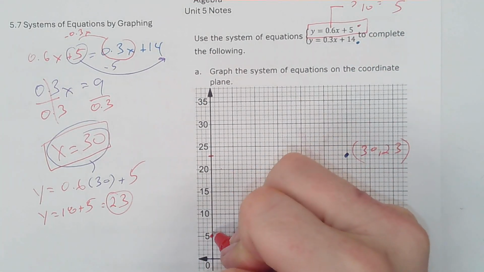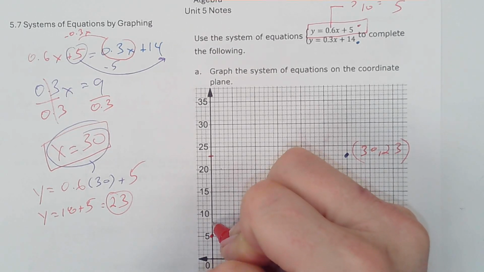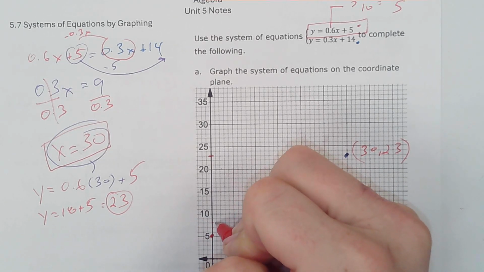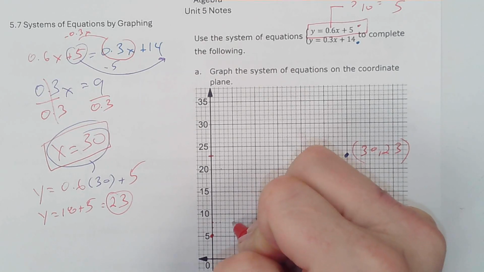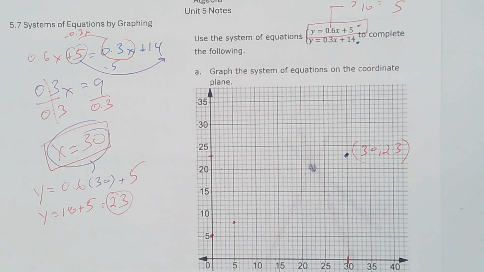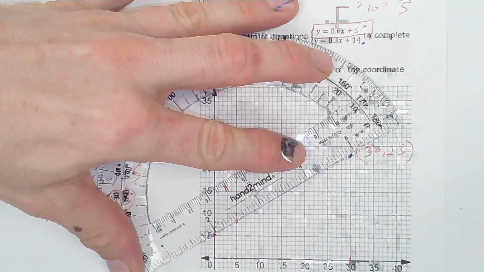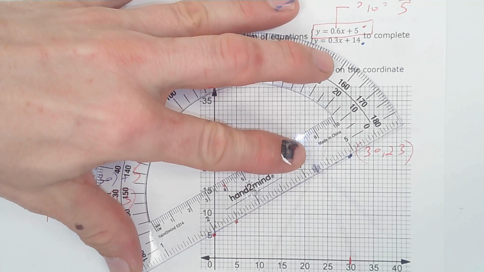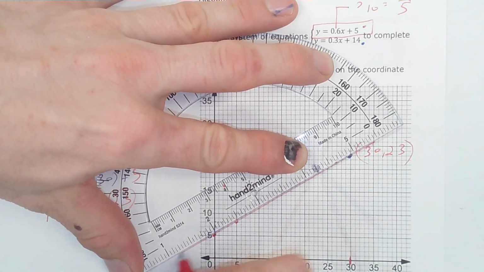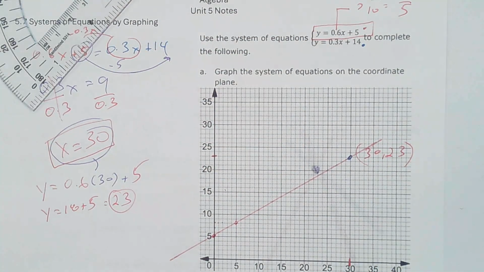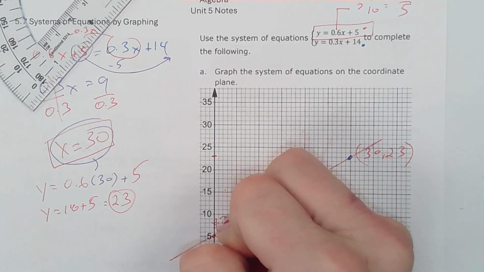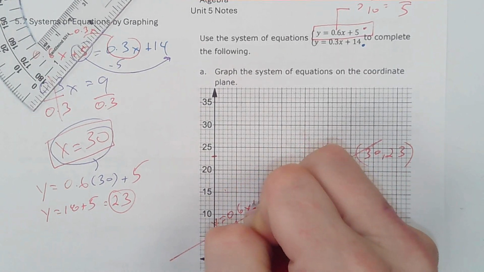So it's going to go up 3, 1, 2, 3, and over 5. So my red line is going to intersect these 3 points. If I did everything right and plotted everything right, it intersects them just like this. Nice straight line. That's y equals 0.6x plus 5.